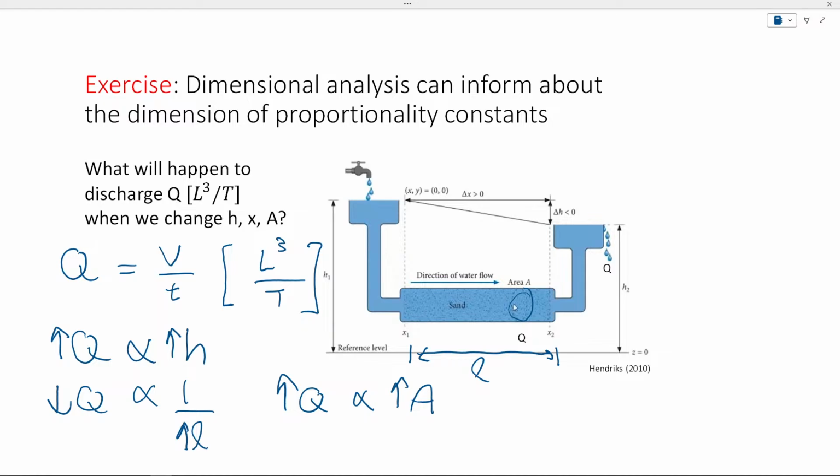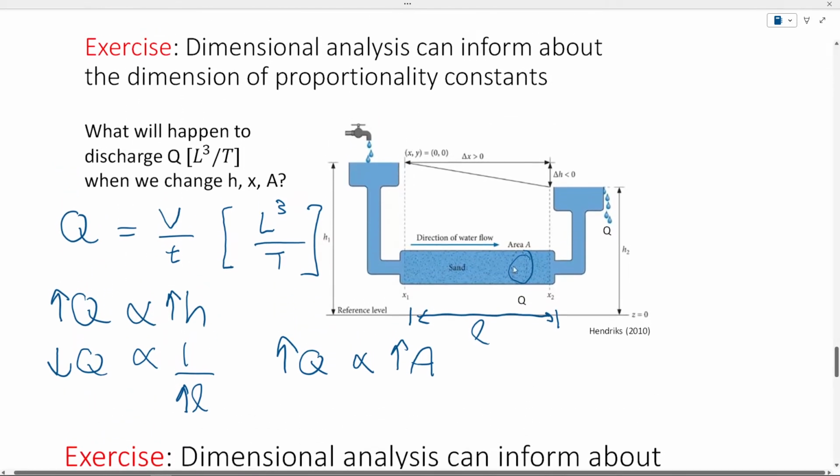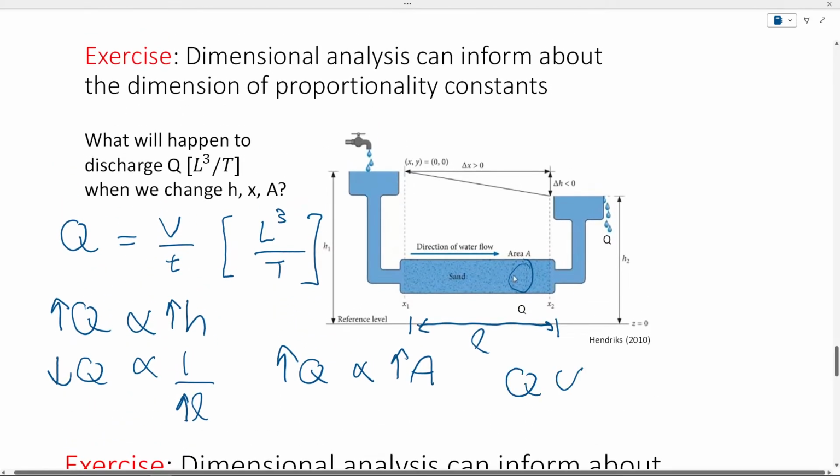So basically, we can write an equation for this. The equation would be: Q is proportional to H, is inversely proportional to L, and is directly proportional to A. Yes, it's L here.